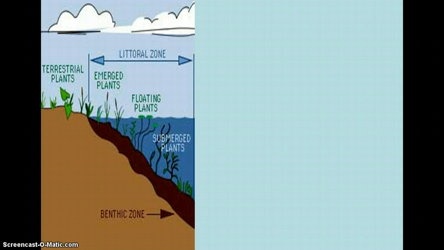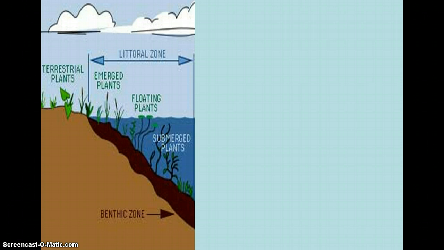They have to be adapted to living both in the water and out of water, because at different times there will be higher levels of water. So you're going to have submerged or aquatic plants, but also plants that can live both on land and water. It's still under lentic. This is the littoral zone of a lake, which is part of a lentic freshwater.